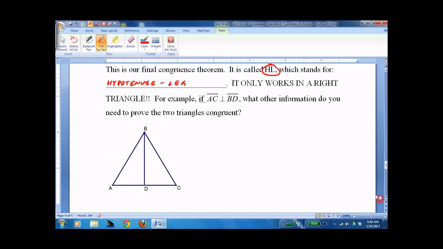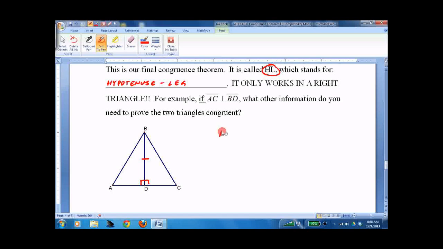Let's look at this one. We know that AC and BD are perpendicular, so we draw on our right angles. We know we have a reflexive line, and we want to make this an HL. If we've got a right angle, great, we can make HL.